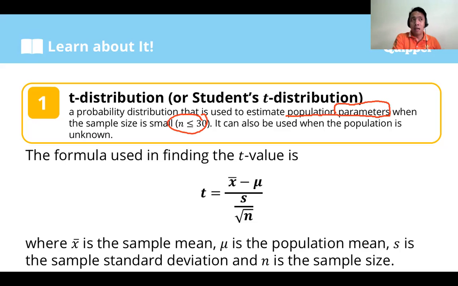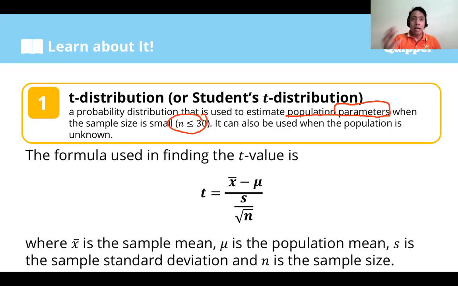Of course, we will probably not have just one respondent, right? So maybe 2, or 10 up to 30. That will be the main area of our T distribution.